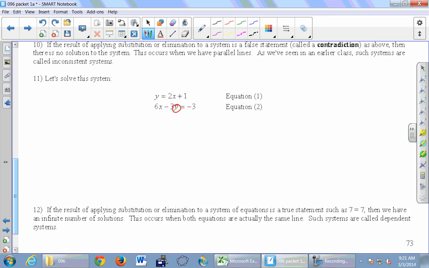Just put what y is equal to from the other equation. So I'm copying the second equation, 6x minus 3, and then a blank space equals -3. And as Zach says, that y is really 2x plus 1.